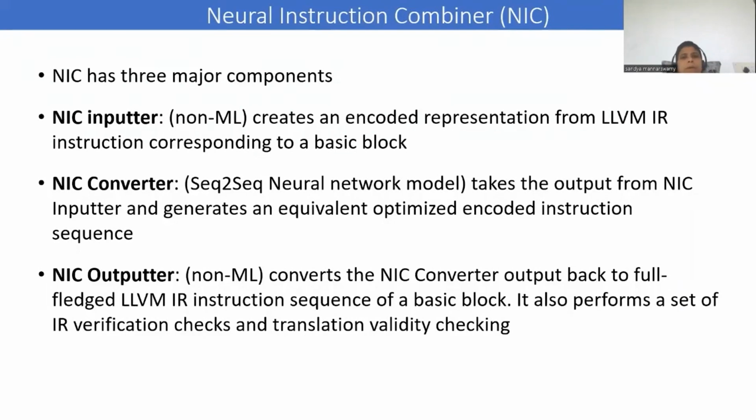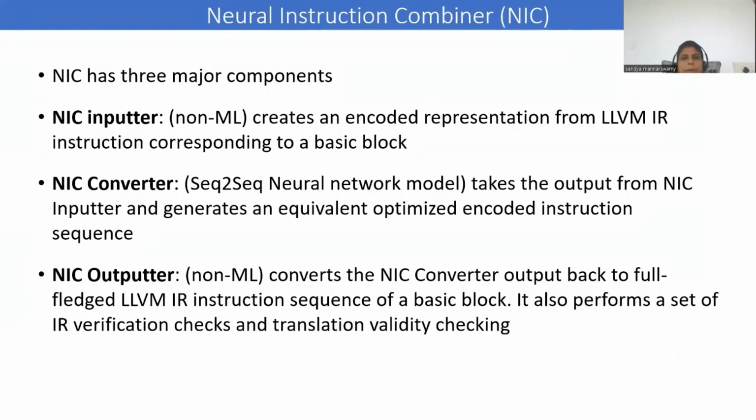So we want to remove this extraneous information so as to make the translation task easier. Therefore, the NIC inputter takes the standard unoptimized LLVM IR instruction sequence and creates an encoded distilled representation corresponding to the sequence for a basic block.